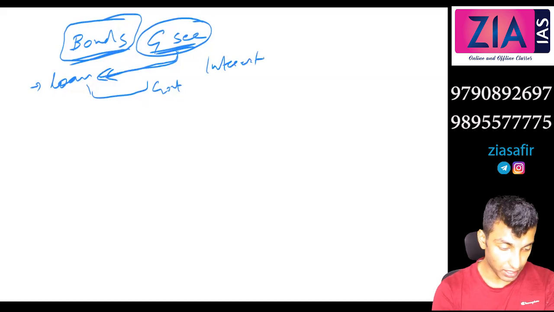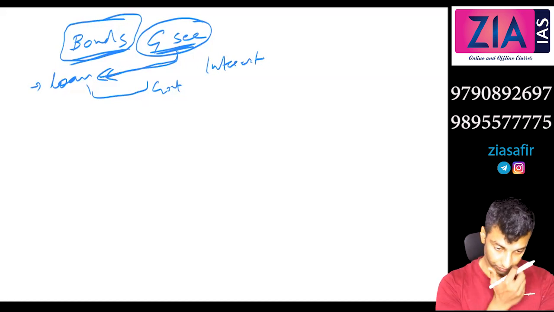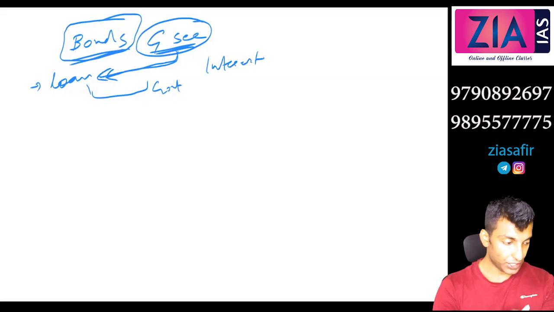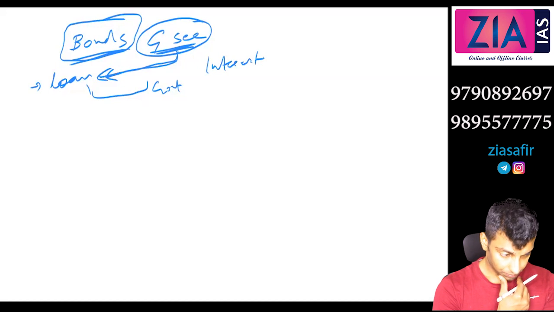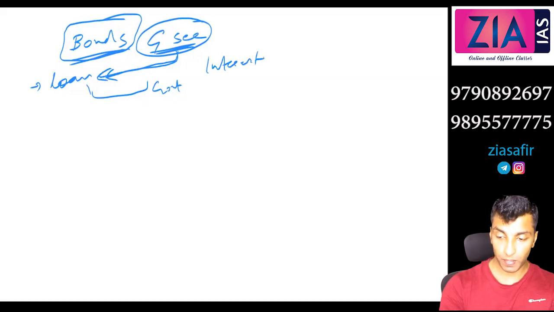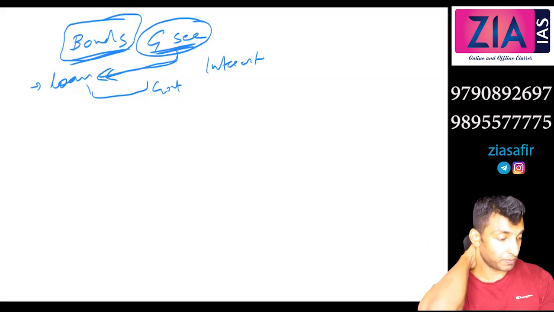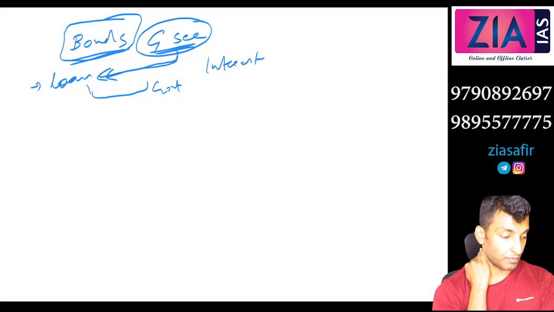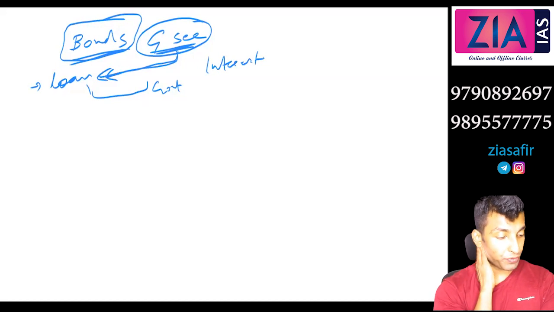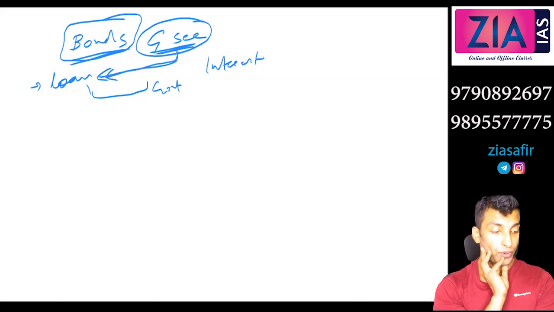Under that you can write treasury bill. First one, treasury bill. These are short-term government bonds which are issued for four maturities.